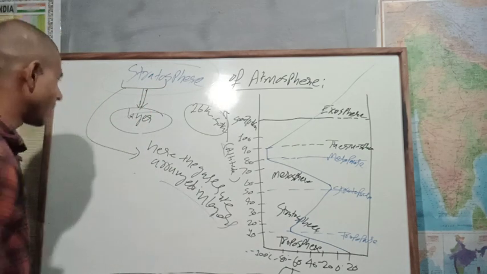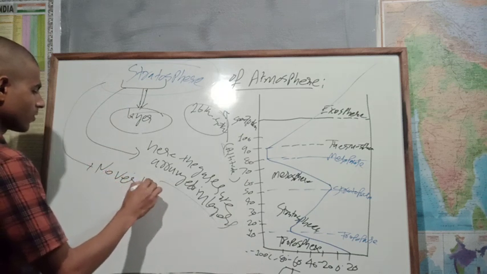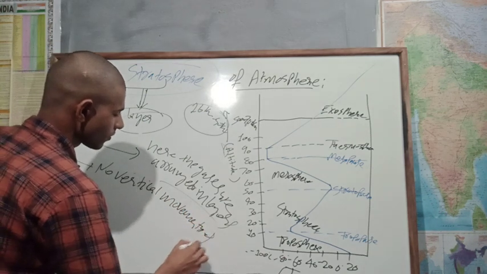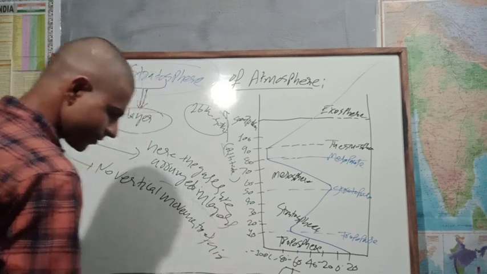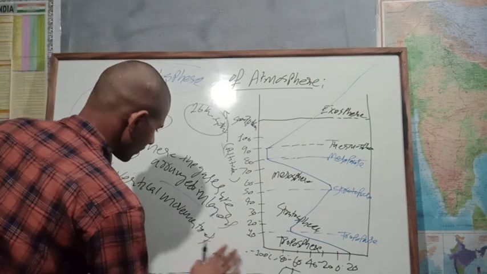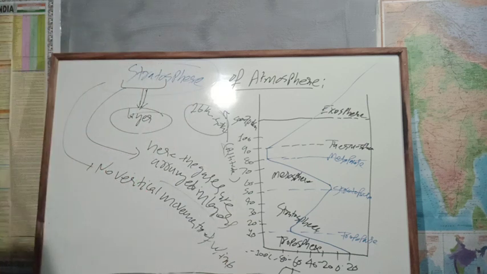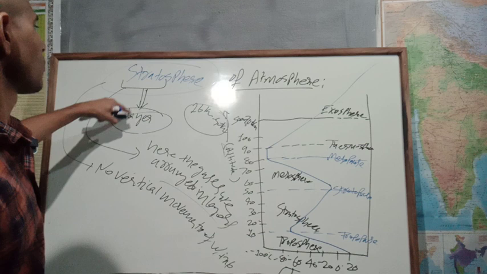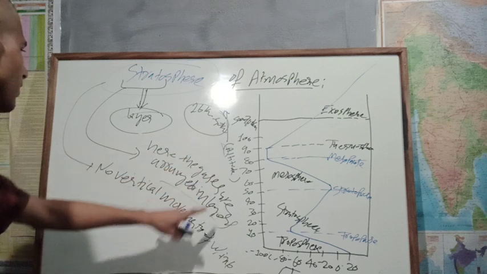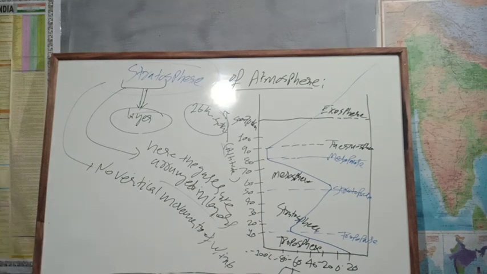There are no vertical movements of air, no vertical movements of wind. Strato means layer, so the gases are arranged in layers here. Height is from 16 to 50 kilometers. Then no vertical movements of winds here.